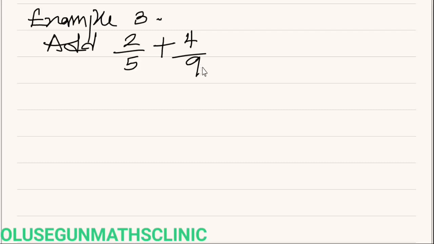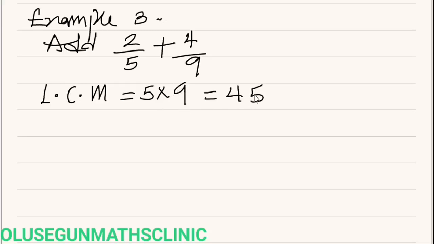So we need to find the lowest common multiple, LCM, of the denominators. The LCM of the denominators is the product of the denominators. That is to say, the LCM will be 5 times 9, which is equal to 45.